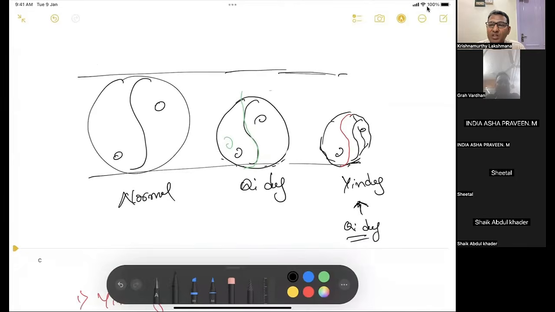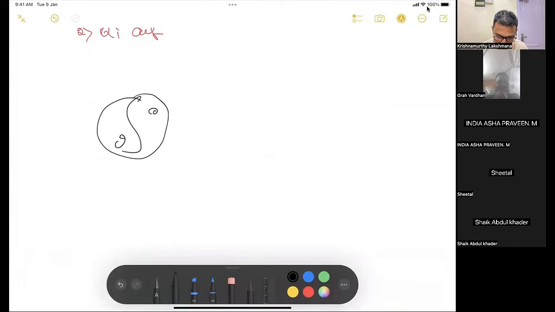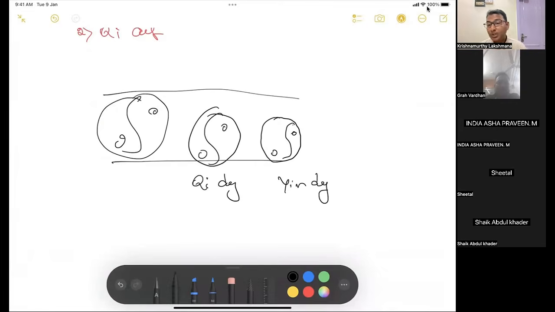Say this is normal, and this is Qi deficiency. When we give Yin deficiency protocol, we are trying to move the patient from this situation to this situation.